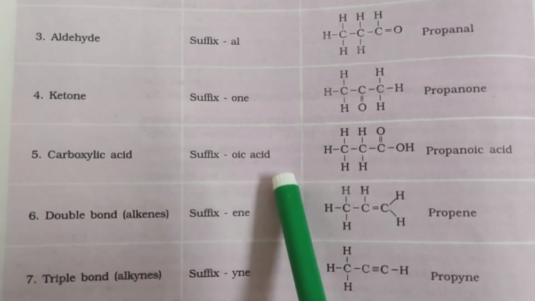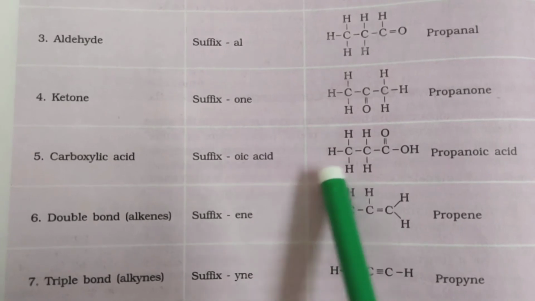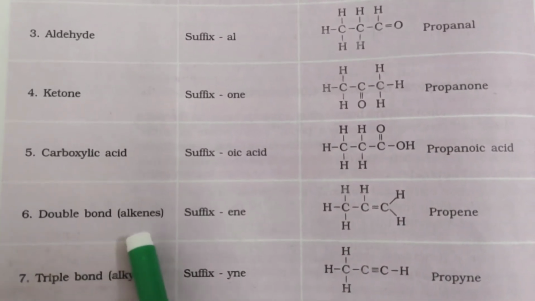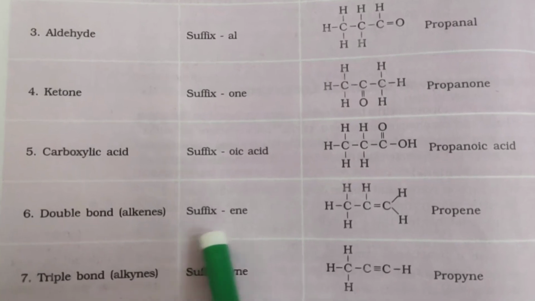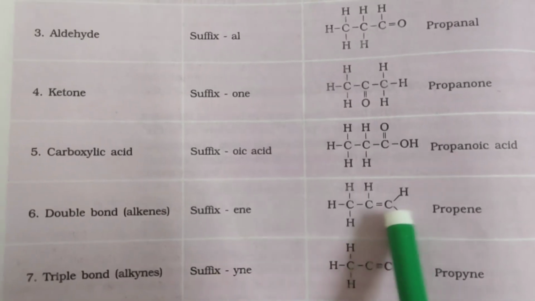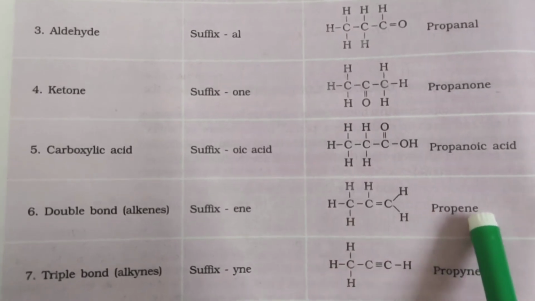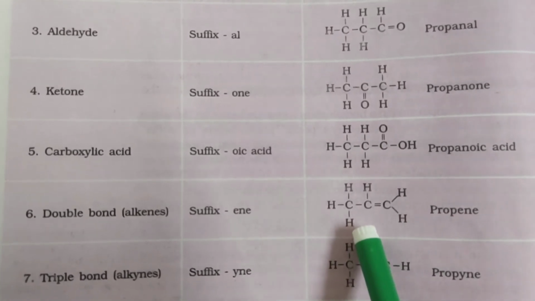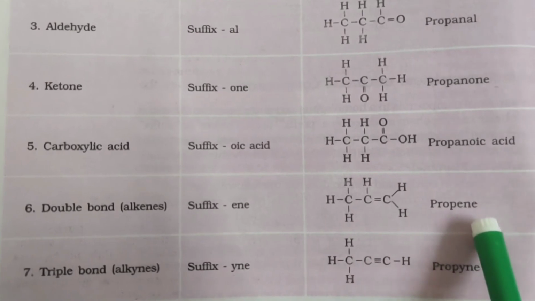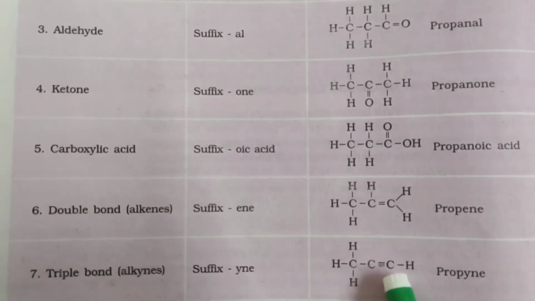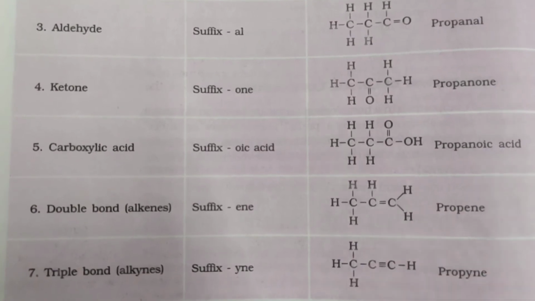Carboxylic acid suffix is oic acid. So this is propanoic acid. Then double bond or alkenes, suffix is ene. So if this is propane, it becomes propene. Triple bond or alkyne, suffix is yne. Here it will become propyne.